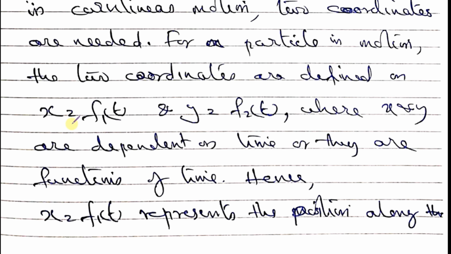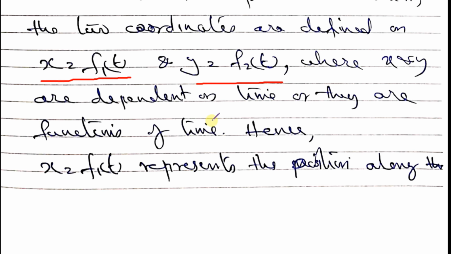Let the coordinates be x equal to f1 of t and y equal to f2 of t, where x and y are dependent on time, or they are functions of time. These are the two coordinates, x and y, with respect to the origin.